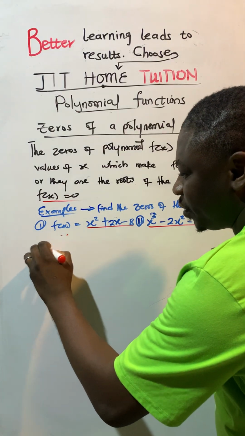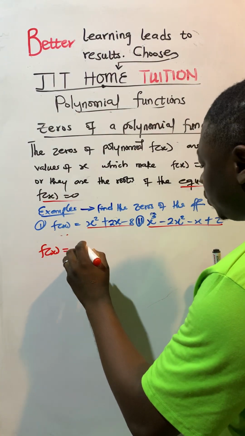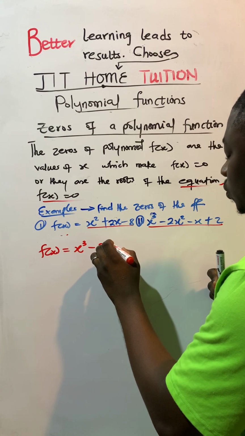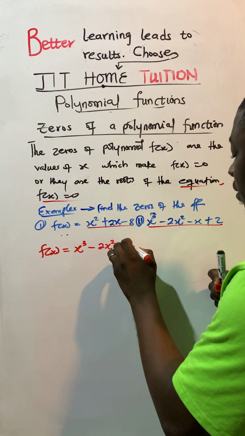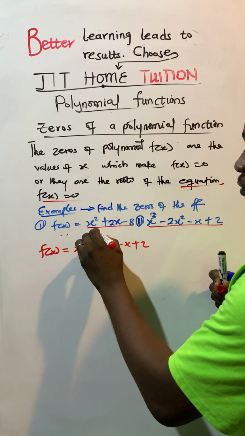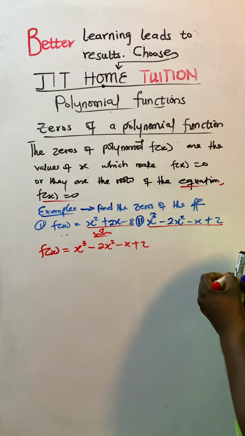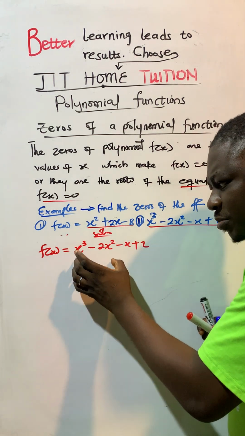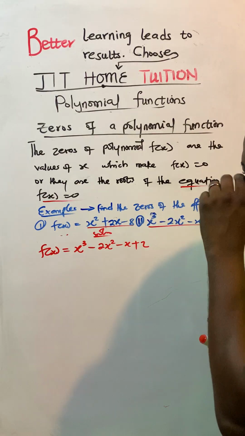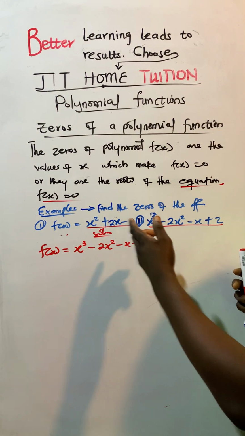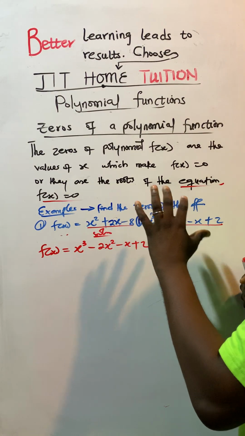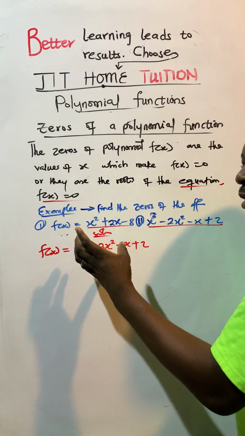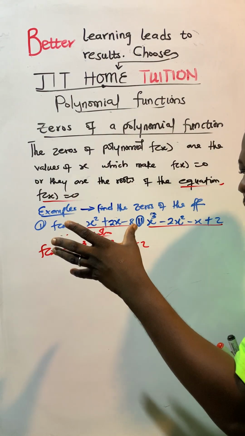So we have f of x equal to x cubed minus 2x squared minus x plus 2. All right. Now, when you have something like this, with this one it was easy for us to factorize, but we need to get a factor so that we'll be able to divide, because this is cubic.